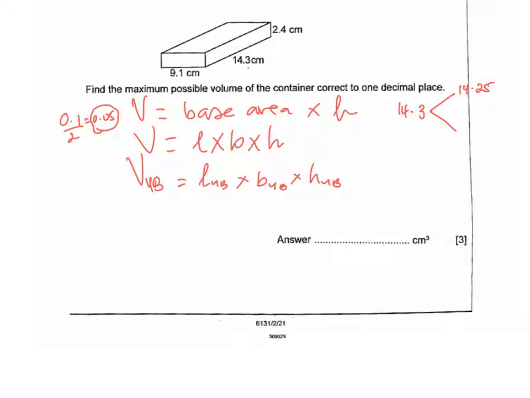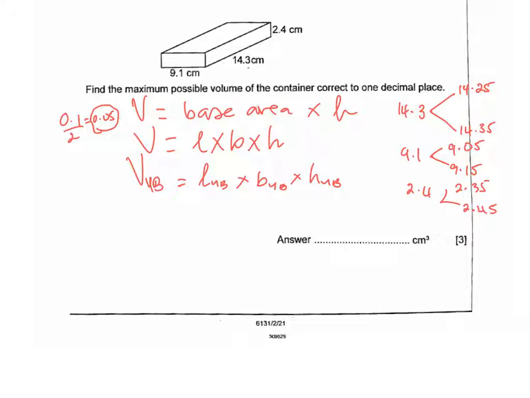Now if I add that 0.05, I'll have 14.35, and then I go to 9.1. If I subtract, I get 9.05, and 9.15. For 2.4, if I subtract, I'll have 2.35, and if I add, I'll have 2.45.